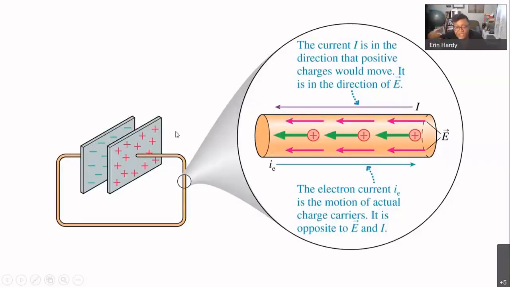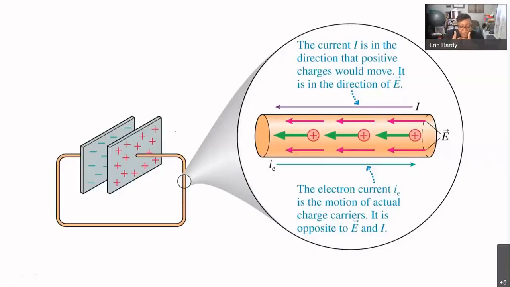So if we imagine that positive charges are the ones doing the moving, then the direction of the electric field vector and the force acting on that positive charge carrier are parallel to one another, as opposed to anti-parallel, which is the case for the negative charge carrier.